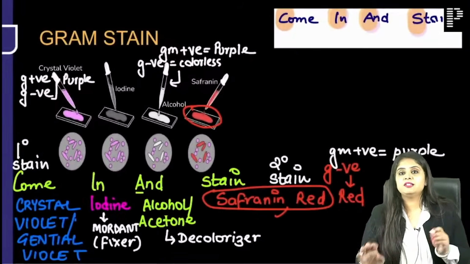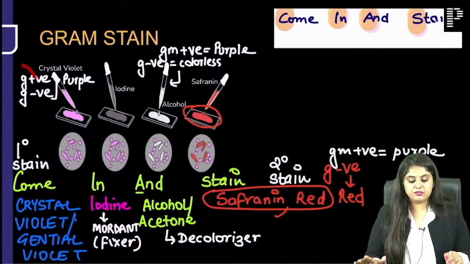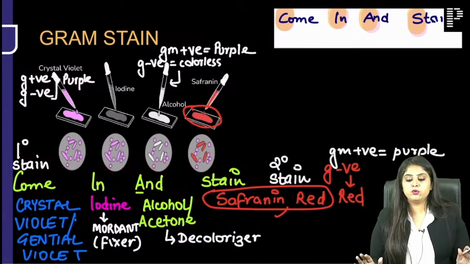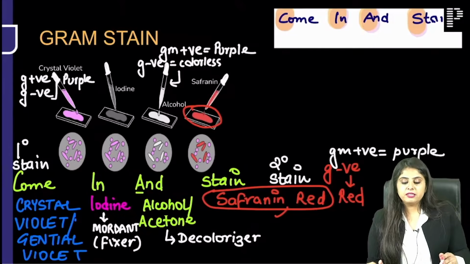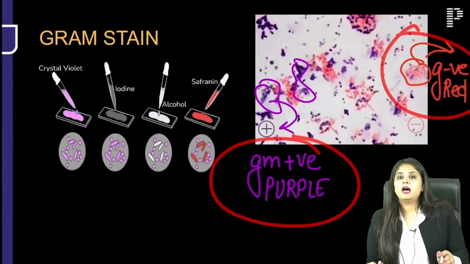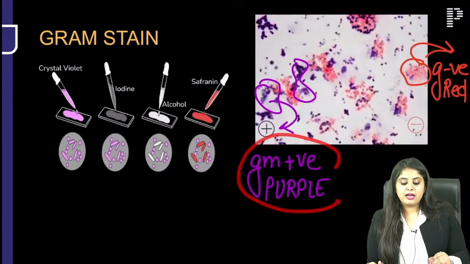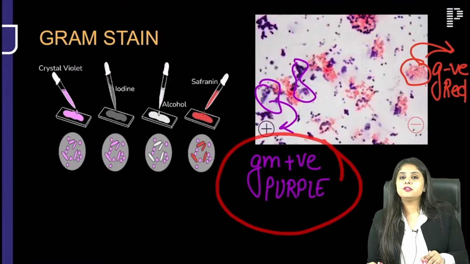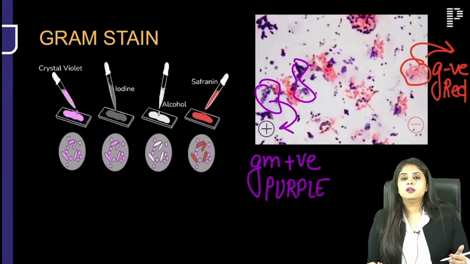You will say, ma'am, as you told me, first I added crystal violet, then iodine, then alcohol, then saffron in. As you told me 4 steps, I did that. But in the end, ma'am, I did not get the results that you told me. I suddenly saw my gram positive, which you said will always be purple, did not take up any stain.